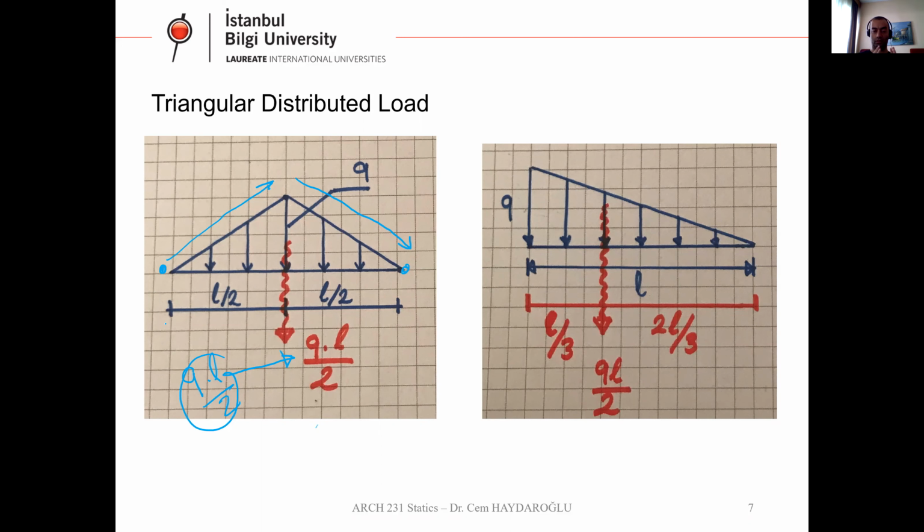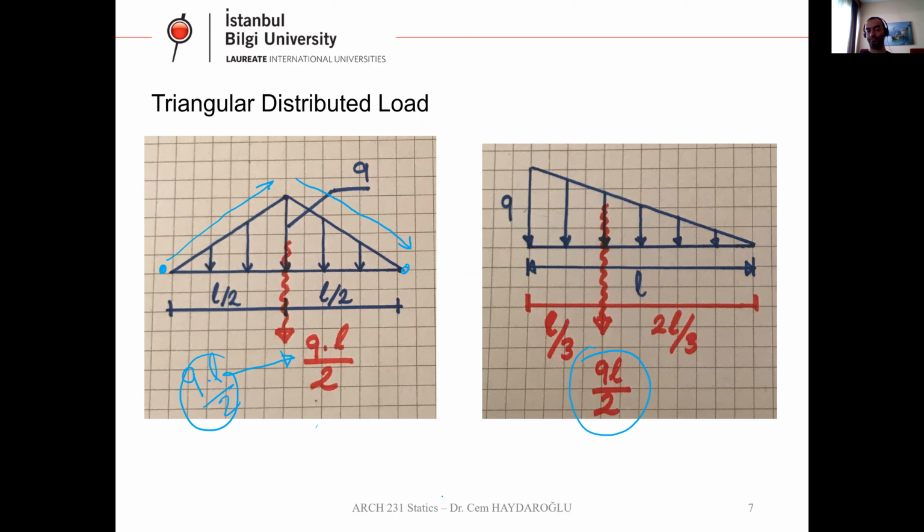If we have a distributed load, to convert it to concentrated load, calculate the area. It's basic. Q times L over 2. This is the magnitude. This is basic.